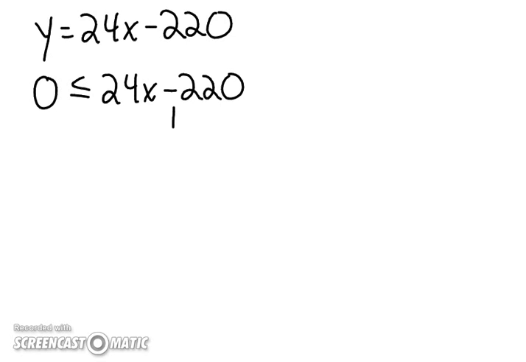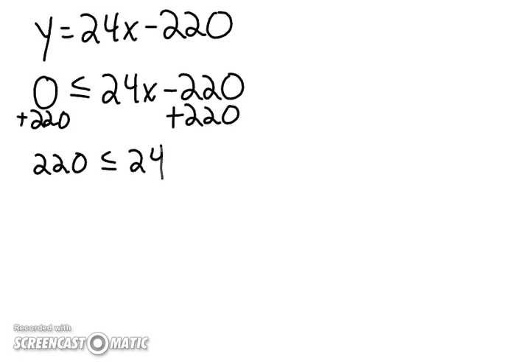And now we're going to solve this like any linear inequality. We're going to add 220 to both sides, and 220 is less than or equal to 24x. We divide by 24, and we get that 9.16 with the 6 repeating is less than or equal to x.